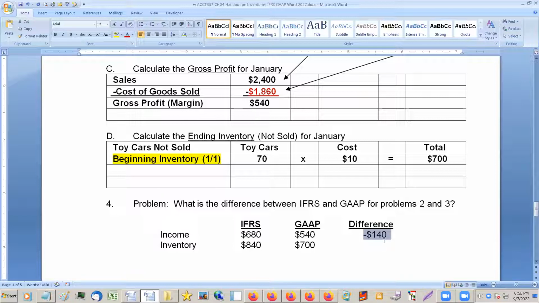And down here, it would decrease inventory by 140.